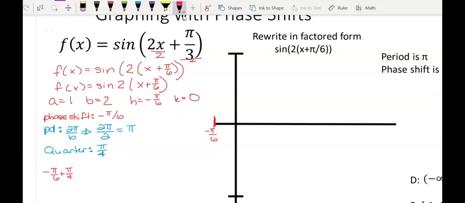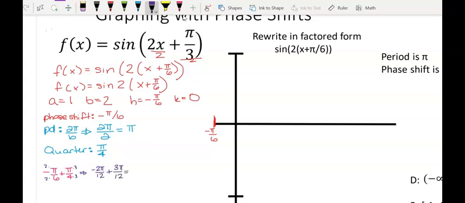Remember, I have to get a common denominator. So one common denominator for these two would be to multiply 4 by 3 and to multiply 6 by 2, and that's going to get me 12 for both of them. So what I've really got here is negative 2 pi over 12 plus 3 pi over 12.